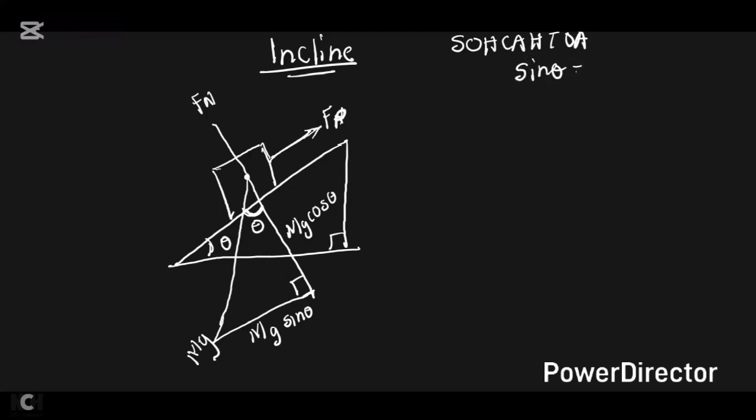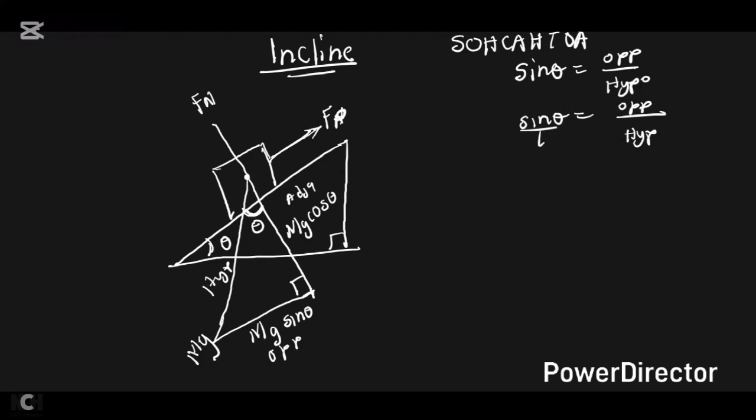I want you to look at this. This is the opposite, this is the adjacent, and this is the hypotenuse. The hypotenuse is mg. So we have sine theta equal to the opposite over the hypotenuse.